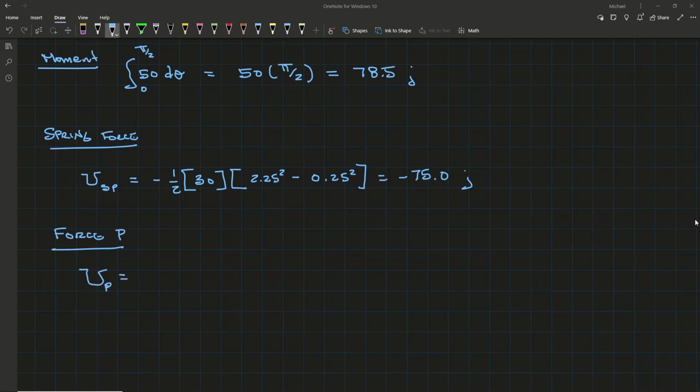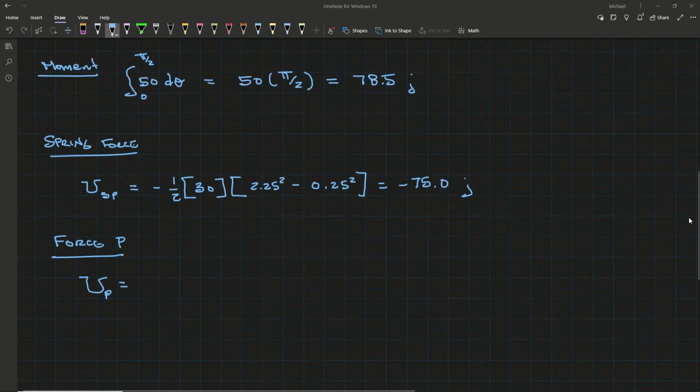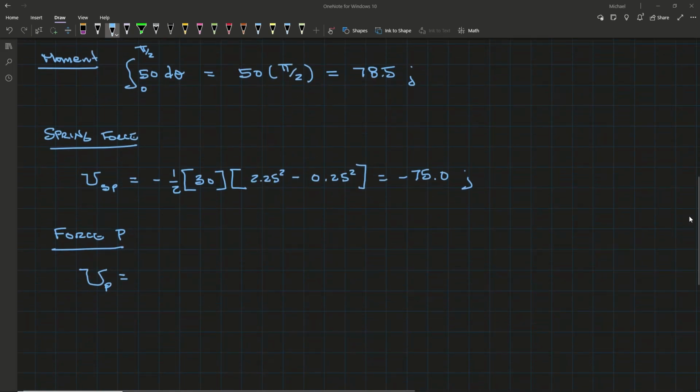Finally, our force P is applied. We're going to assume it's always perpendicular to the bar here as we rotate through theta, so it's going to follow the arc length. So 80 times pi over 2 times 3 meters.